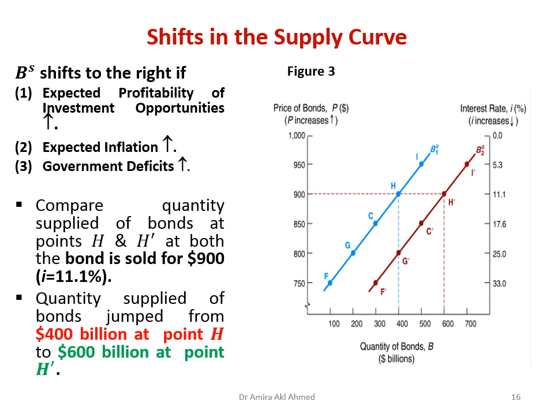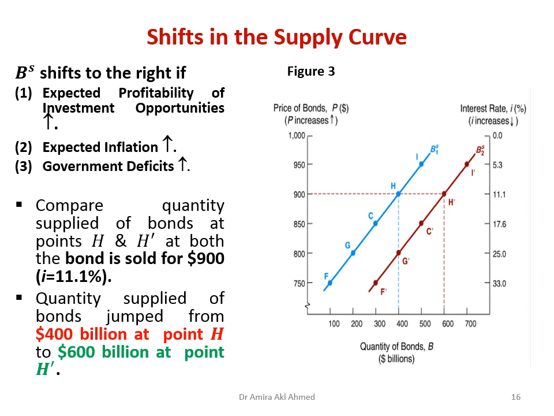Assume that the supply of bonds has increased in response to changes in one of the following factors: an increase in the expected profitability of investment opportunities, a rise in the expected inflation, and an increase in the government deficit. Therefore, the supply of bonds at each interest rate will increase. This is shown by a shift in the supply curve to the right.